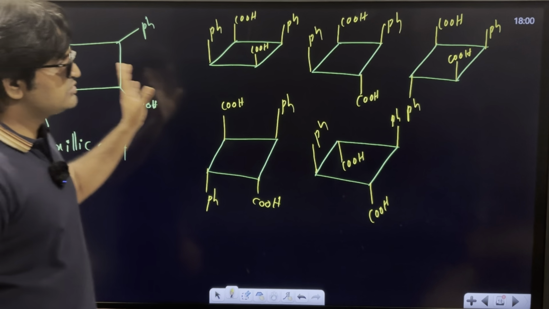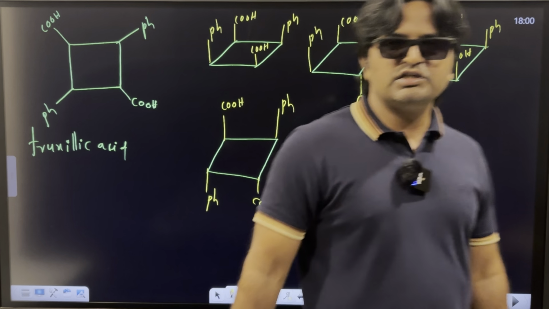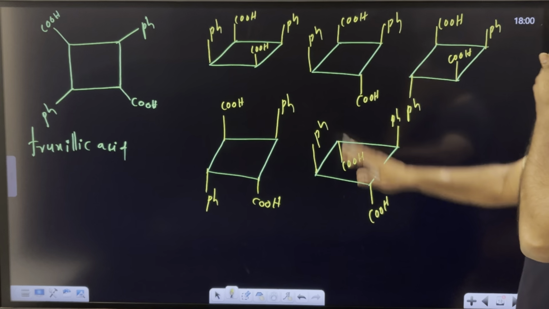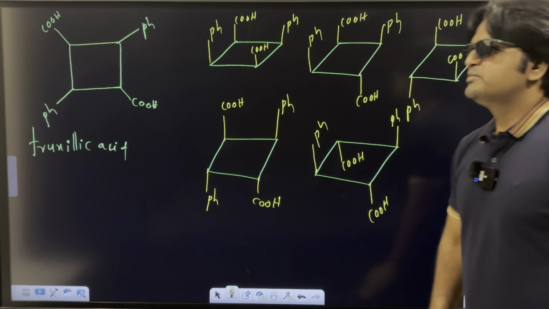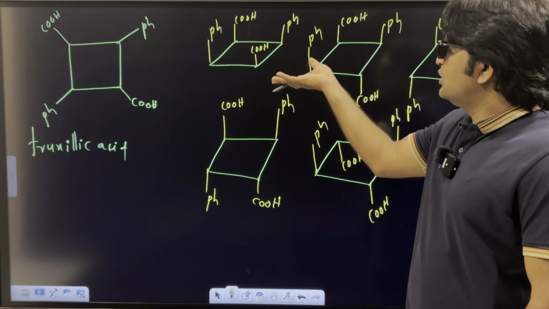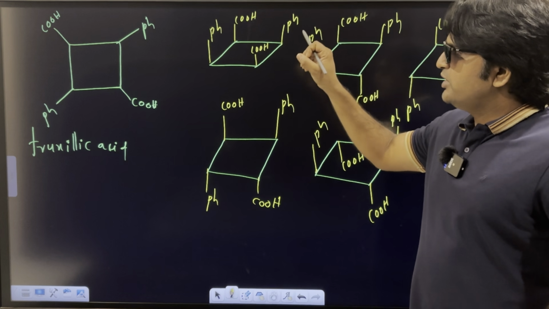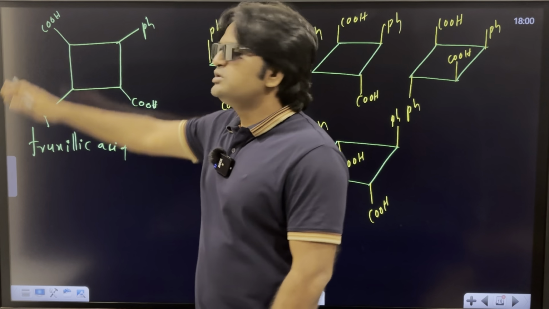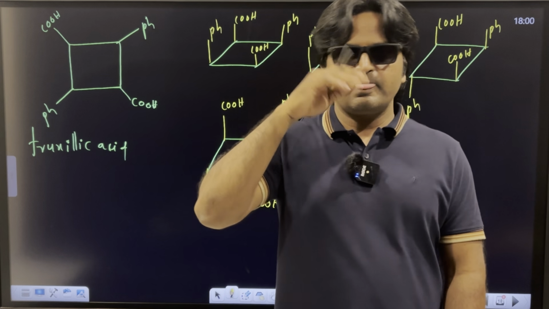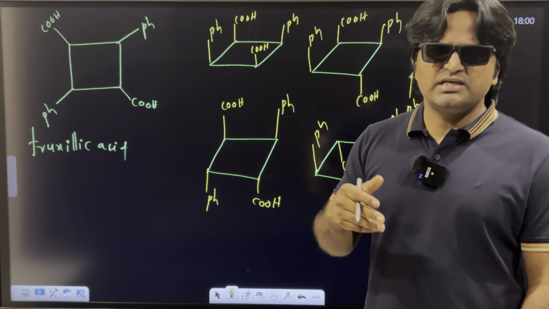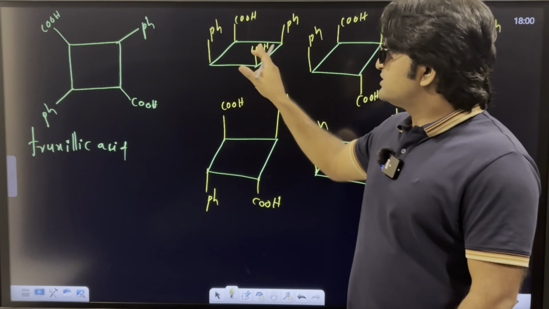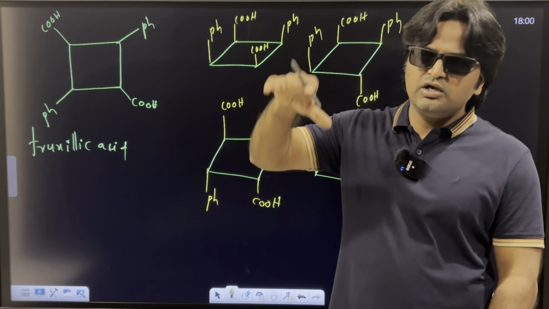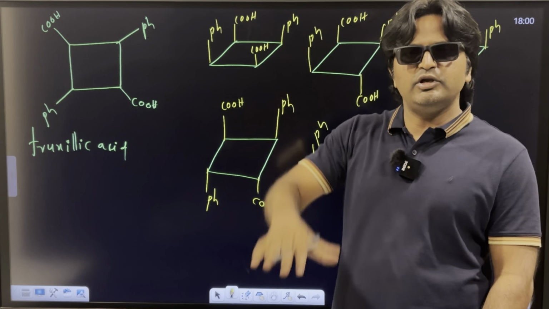Now you can also try different types of arrangements using the same molecule, but these are the maximum possible arrangements. What we are doing here: all groups above. You have two different groups but in opposite directions, phenyl, phenyl, COOH and COOH. Either you try with carboxylic acid or phenyl, whatever it may be, but in the first one you can take all groups either above or below.